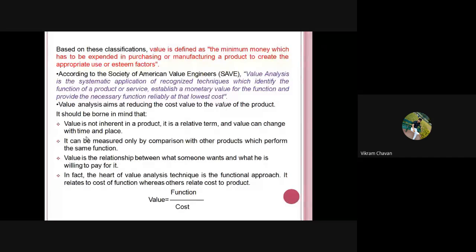Next point. It can be measured only by comparison with other products which perform the same function.